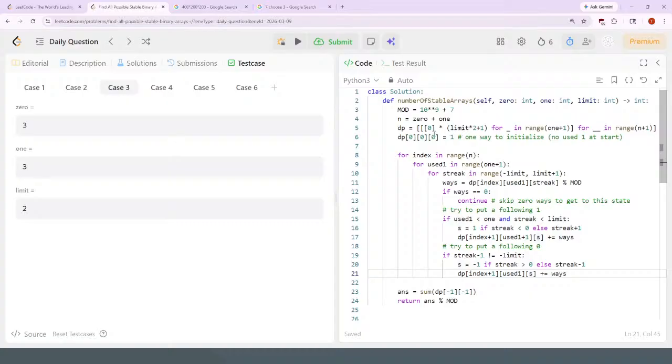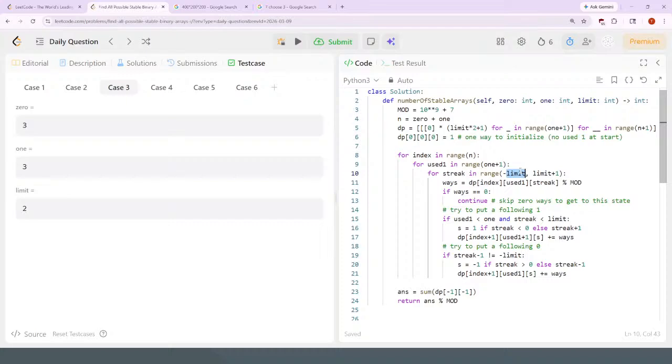Alright, the streak is 0. Every streak in range, negative limit plus 1. Actually, I think maybe it should never be actually equal to negative limit, right? No, I can.